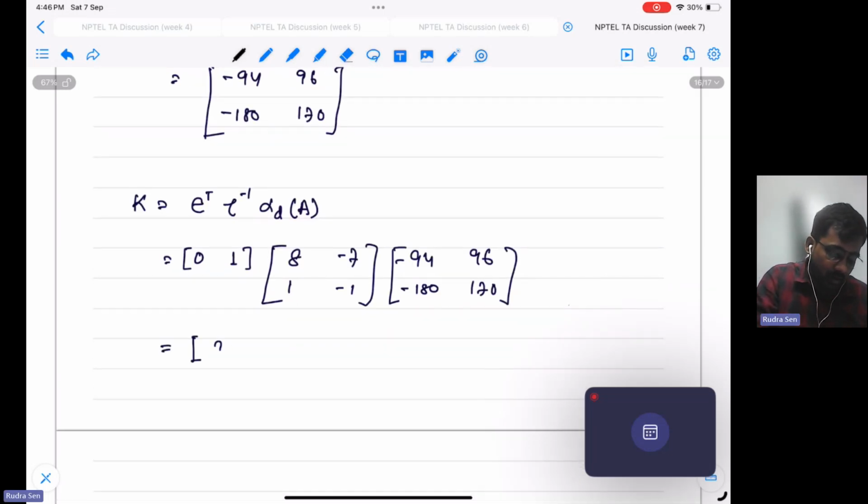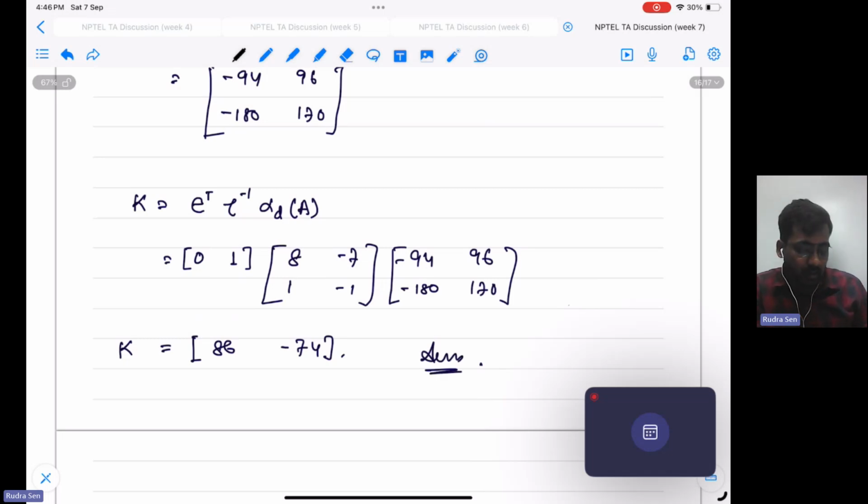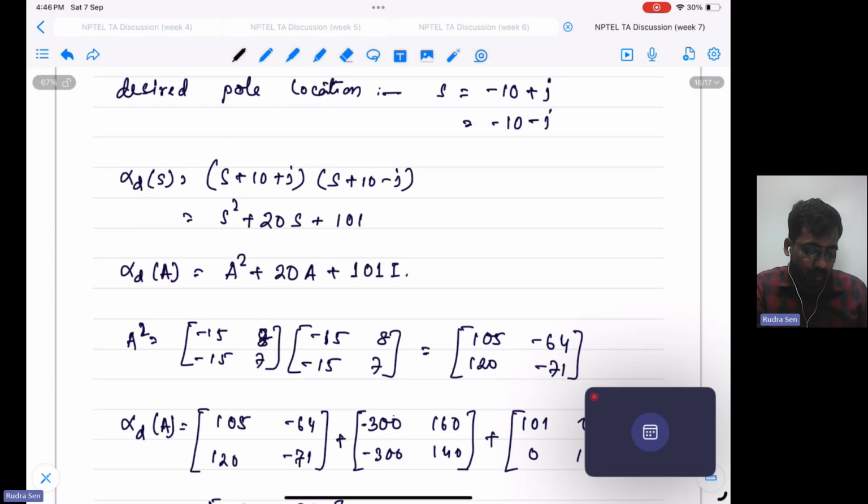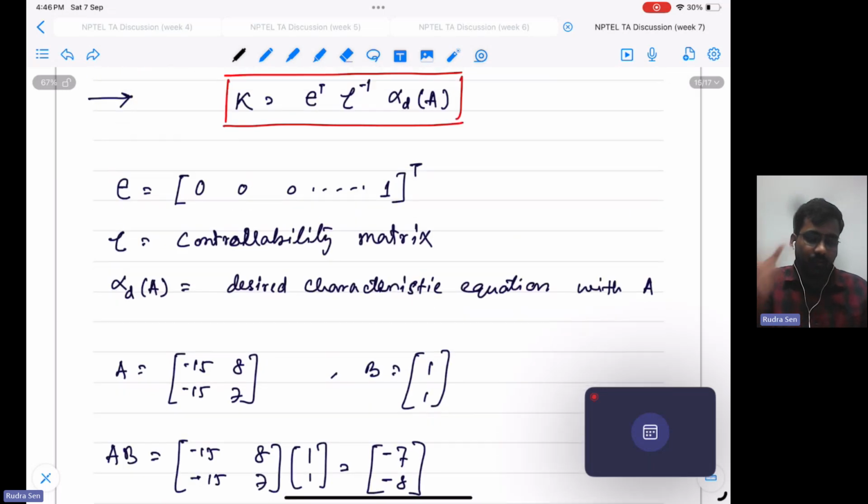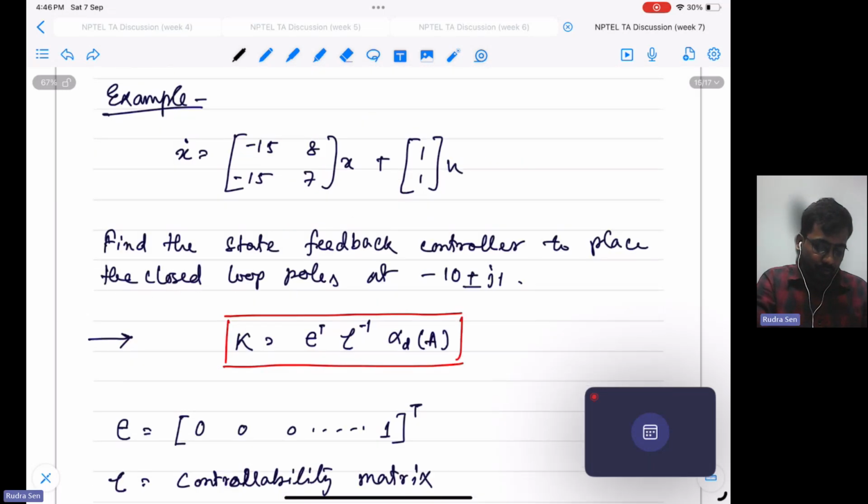I get 86, 7 minus 74. So this is the value of K that is required for the closed loop system to be at this location.